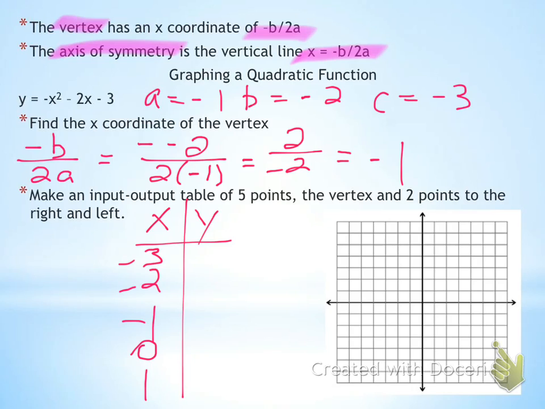And what I do is I plug each of these into my calculator, and this is the way you have to do it. Whatever my x is, I'm going to put parentheses around it, and then plug it into my equation for both x's.